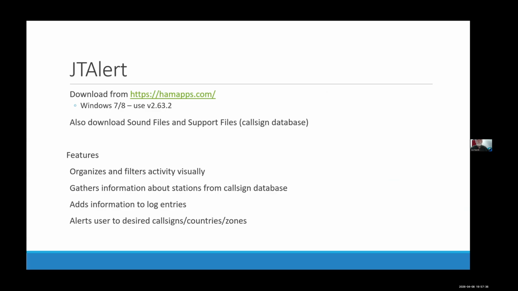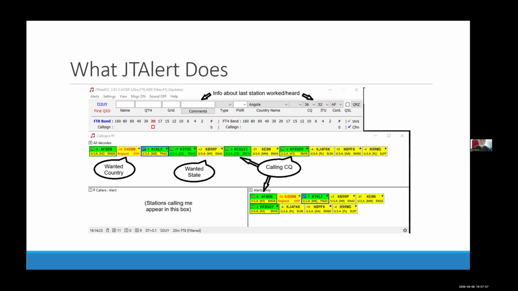It looks at a list on a call sign site, and you can optionally, if you have a paid subscription, connect this to QRZ, and I suspect it will give you even more information. So let's look for a minute at what is on the JT Alert screen.